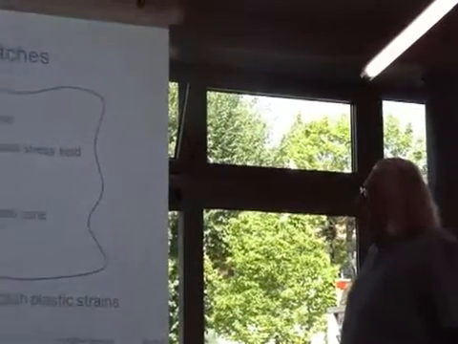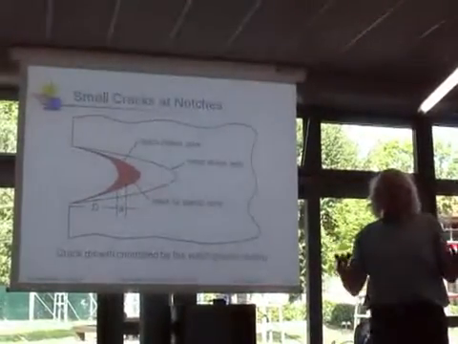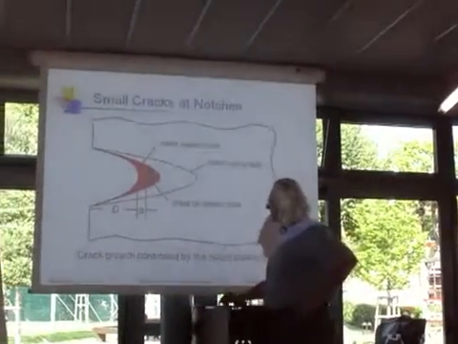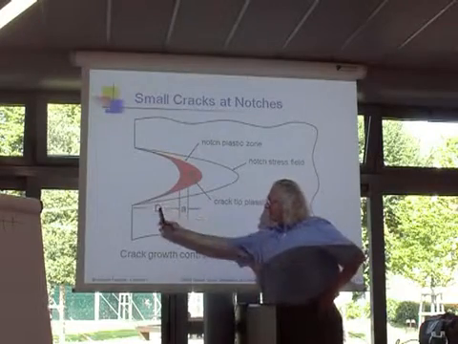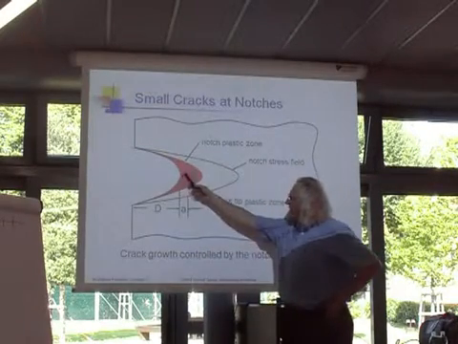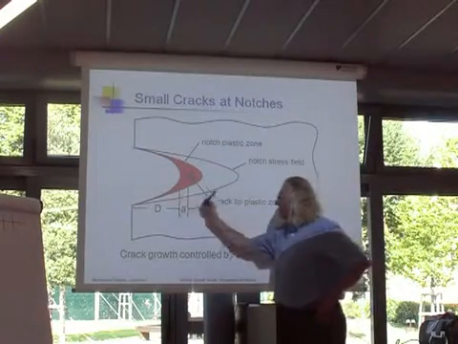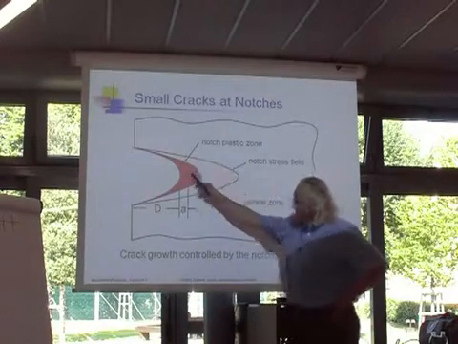If I ask what is the volume of material that has high stresses in it, that volume will be on the order of the size of this notch, in this case D, and maybe 1 or 2 times D. I just draw that something like this. And all these stresses will be very high in this region.